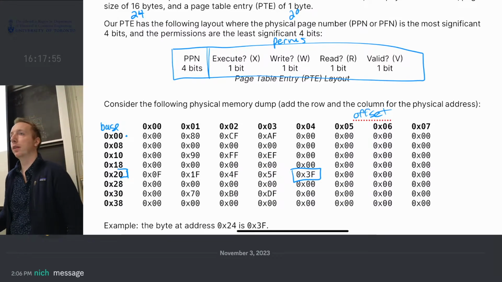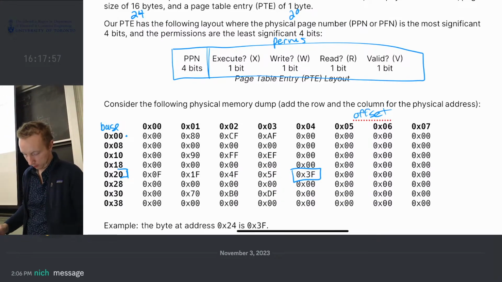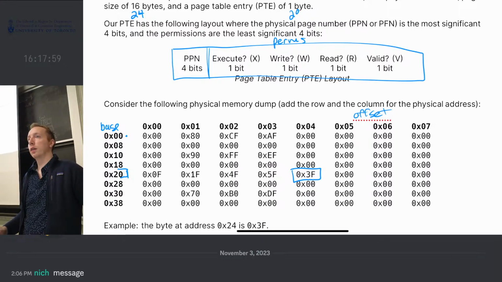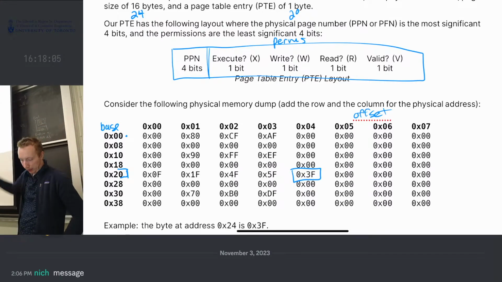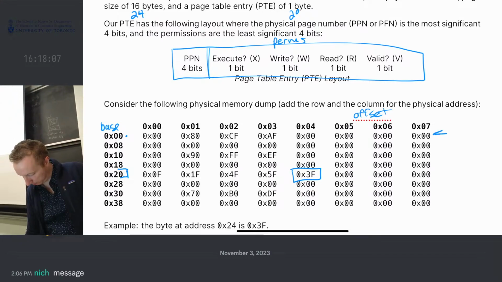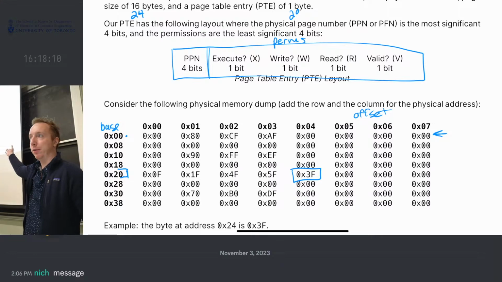Wait, so the PPN base, or the base address, is 2 hex, right? So 2 hex, so that's 8 bit. In this, every row is 8 bytes because I can only fit 8 on a row. But the PPN is 4 bits.